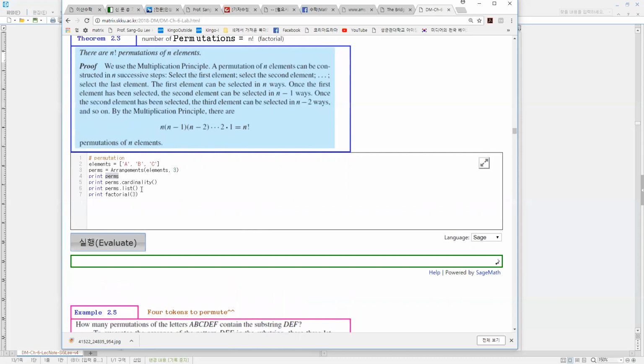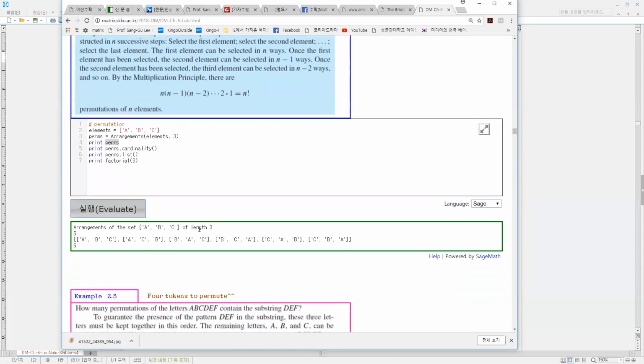Then we have the arrangements of the set of length 3, which is this. There are 6 ways of that, which is the same as 3 factorial. Suppose we have 4 elements and arrangements of 4.